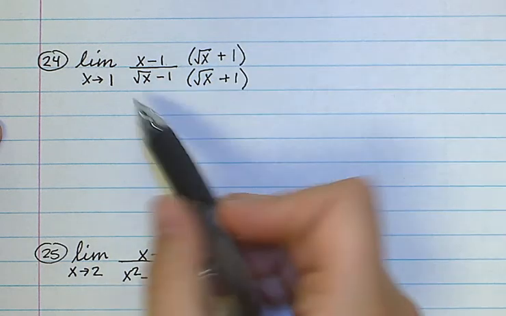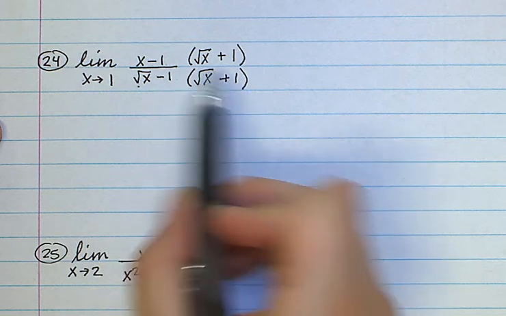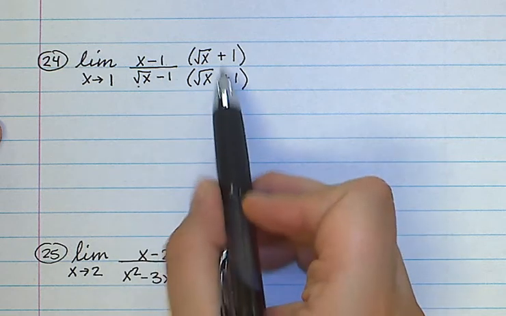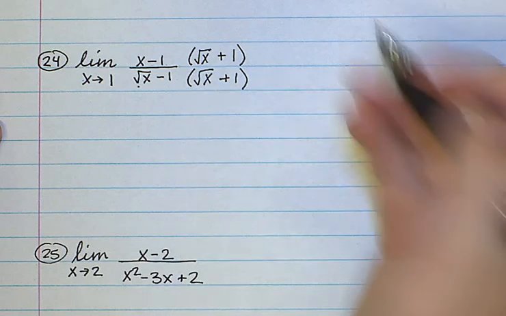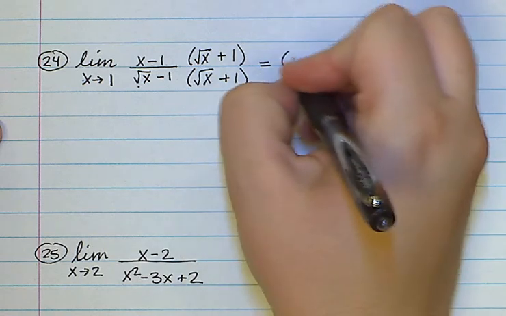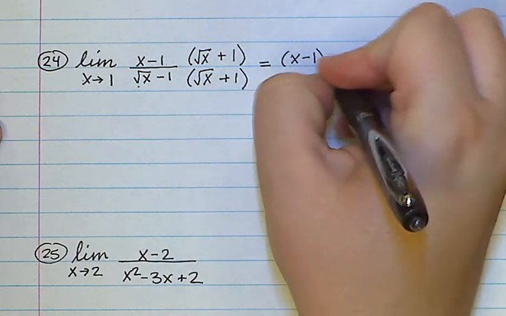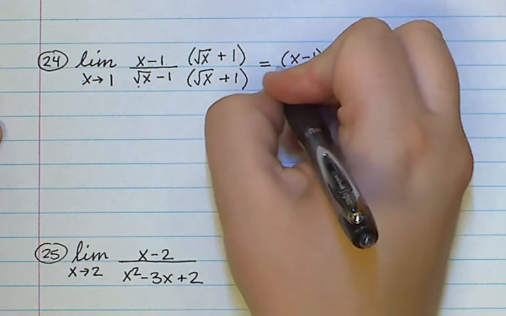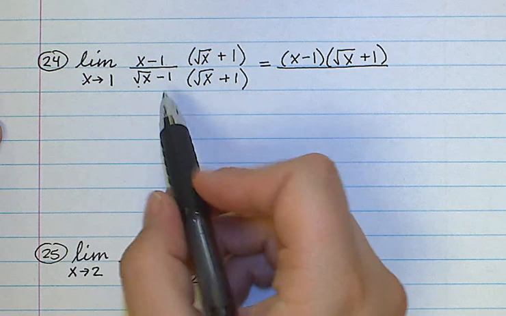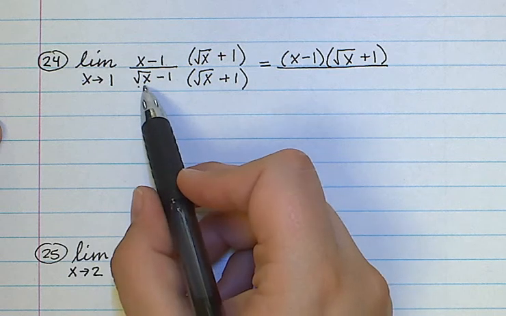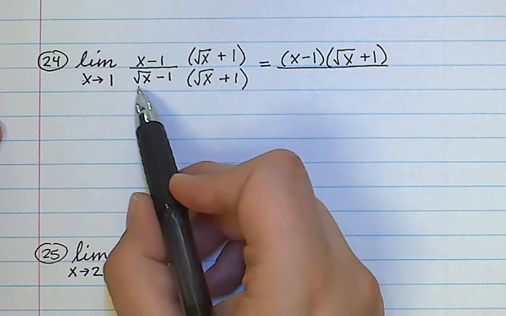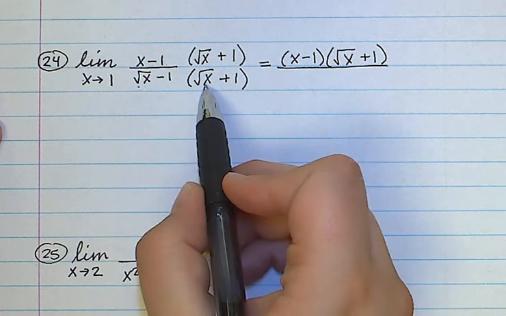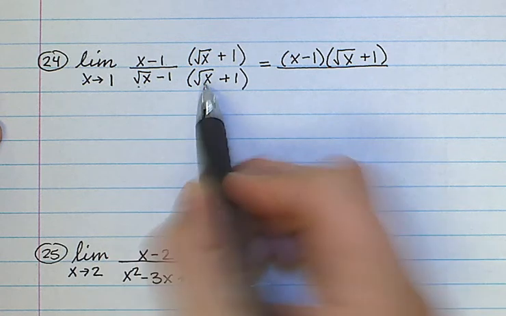The terms themselves stay the same, only the operation in the middle changes. Now on the top, I just have this mess here I can't do much with. But on the bottom, the magic of the conjugate is if I FOIL this out, I'll have the square root of x squared, which cancels down to just x.